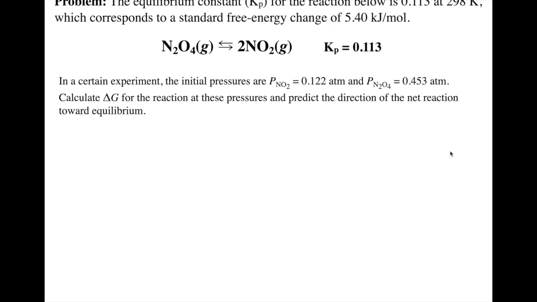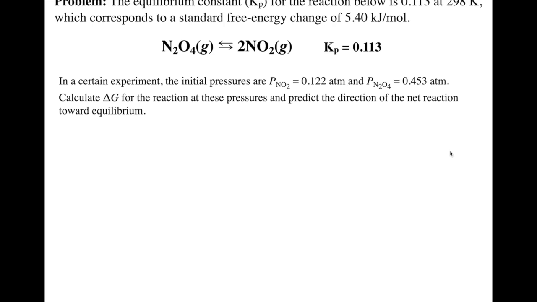So we have the equilibrium constant for this reaction is 0.113, and with a standard free energy change of 5.4. So what do these two things tell us? The K is less than 1, so at equilibrium it's mostly reactants, very few products.